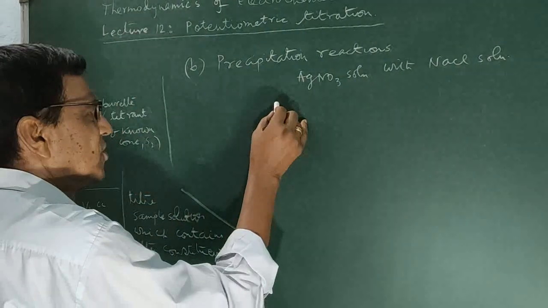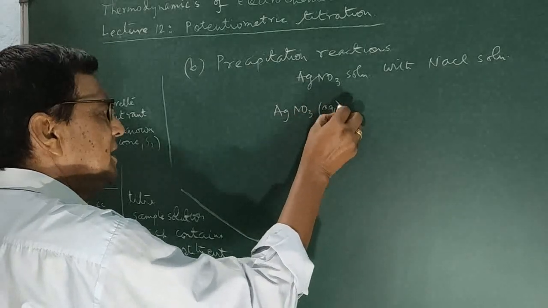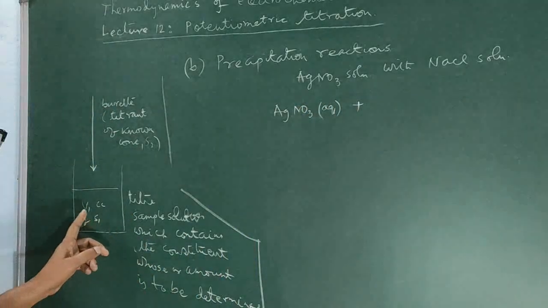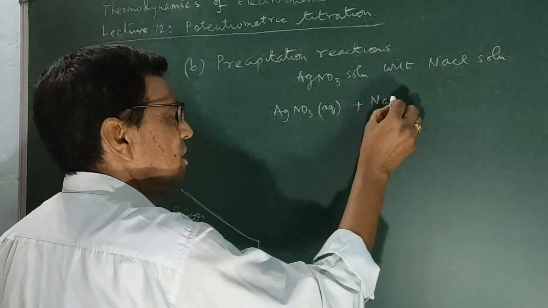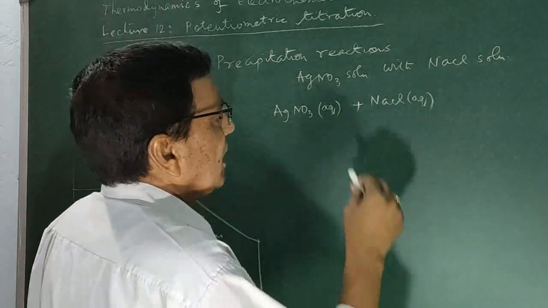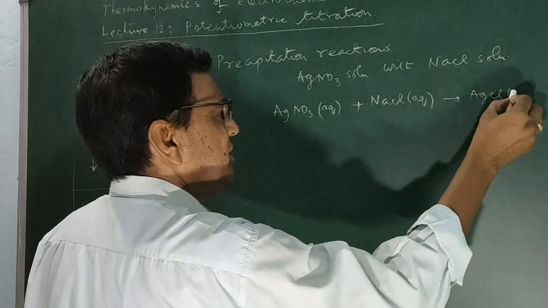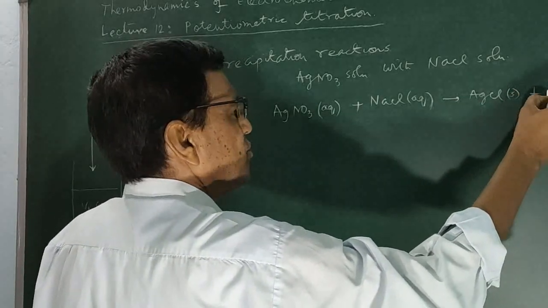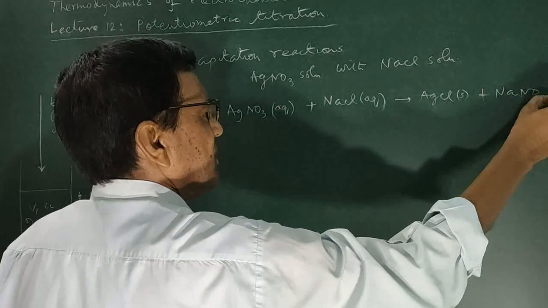And these reactions are all known. This silver nitrate is taken in the titer, by means of a measured amount of V1 cc by a pipette, and sodium chloride solution is added from the burette and gives silver chloride solid plus sodium nitrate aqueous.